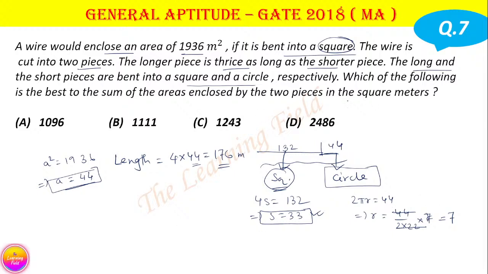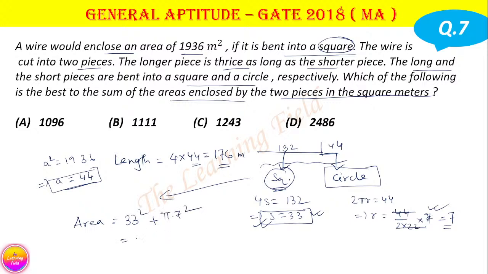Now we have to find the sum of the areas enclosed by the two pieces, in square meters, that is the area of the square and the area of the circle. Since this is a square, the required area is 33 squared plus, for the circle with this radius, the area formula is pi into 7 squared.